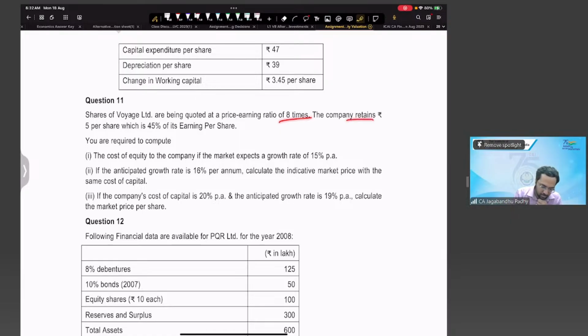The company retains rupees 5 per share, which is 45% of earnings per share. You're required to compute the cost of equity if the market expects a growth rate of 15%. If the anticipated growth rate is 16%, what will be the indicative market price at the same cost of capital? And if the company's cost of capital is 20% and anticipated growth is 19%, calculate the market price per share.